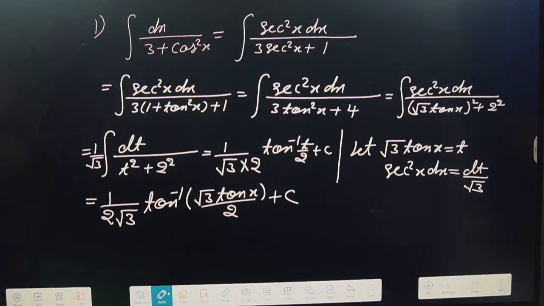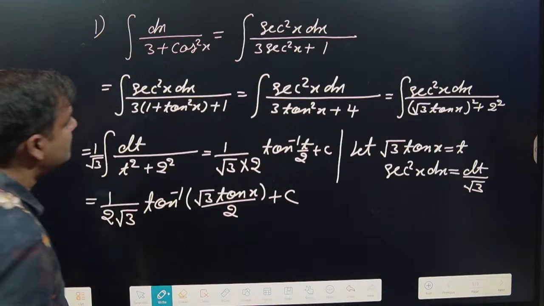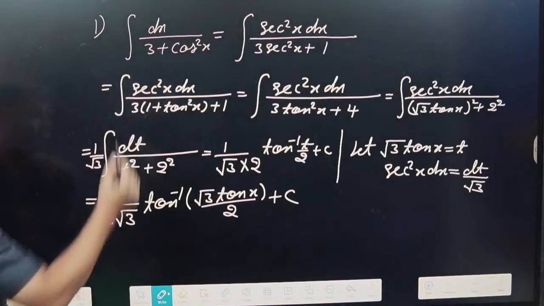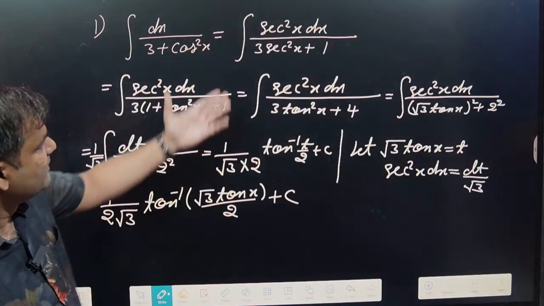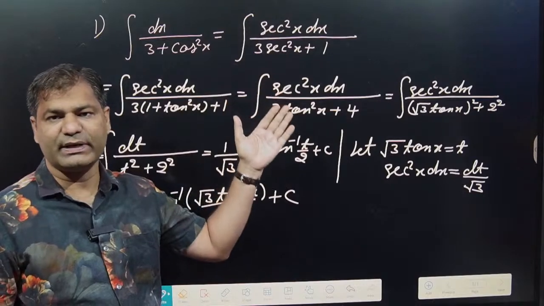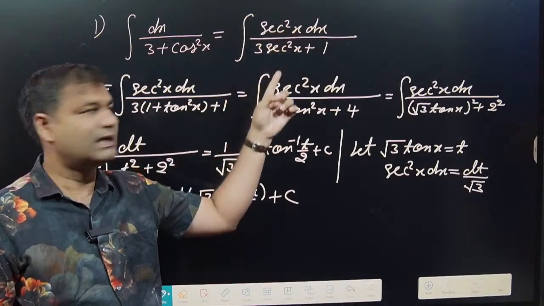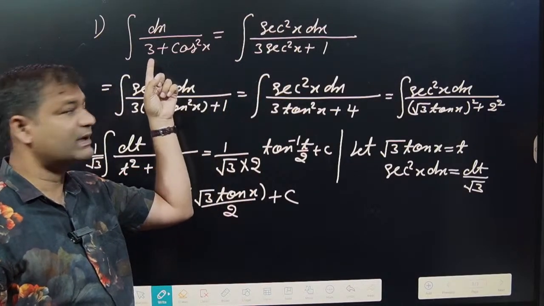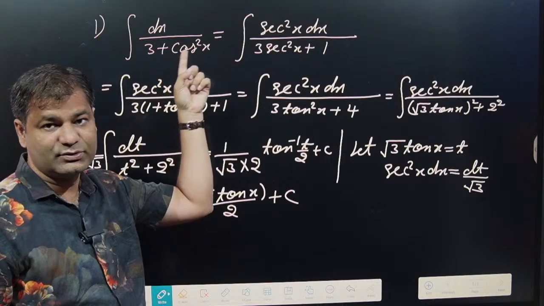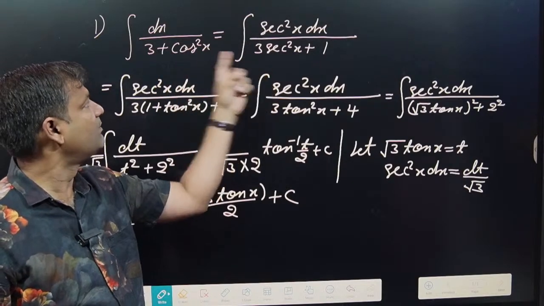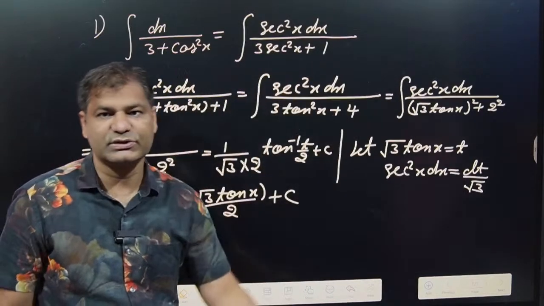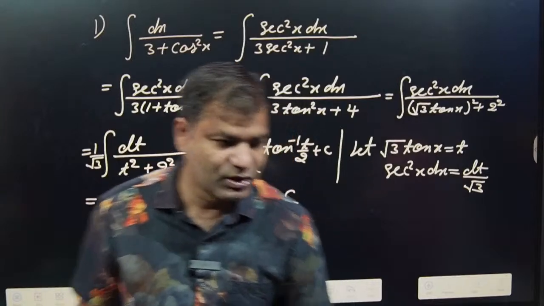Okay, now I will take another problem also. Simply numerator and denominator divided by cos square x, then this is sec square x, and 3 upon cos square x, this will equal 3 into sec square x, plus cos square x upon cos square x is 1.